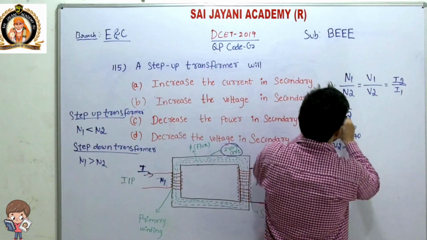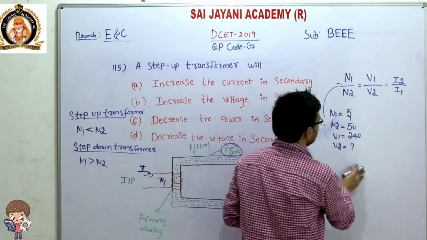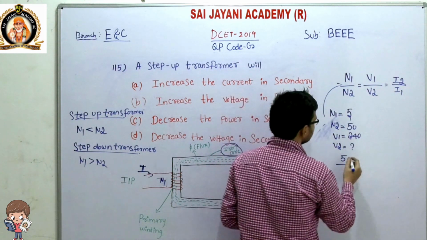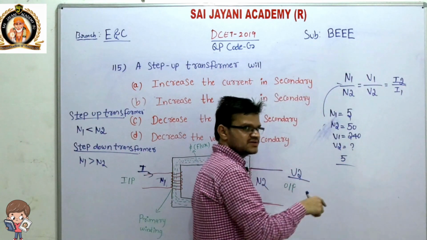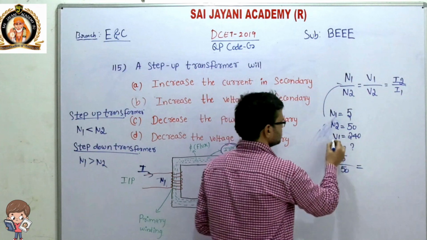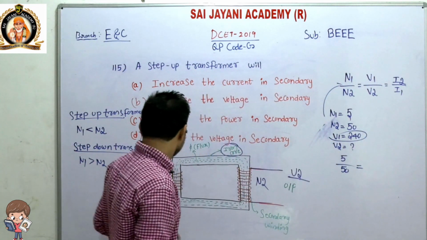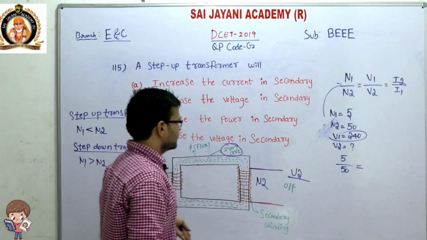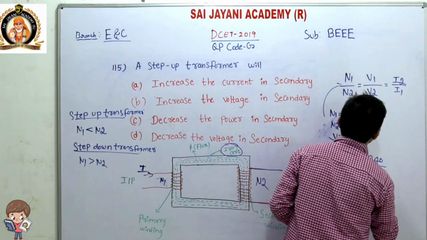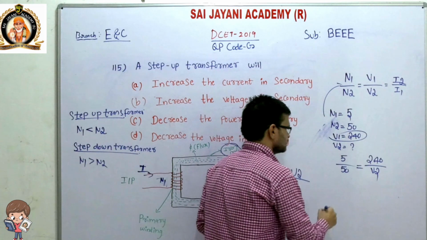How? We are using this formula: the number of turns in the primary winding, 5, divided by the number of turns in the secondary winding, 50, is equal to V1 divided by V2. V1 is the input voltage at the primary winding side, this is 240, and we are calculating V2.